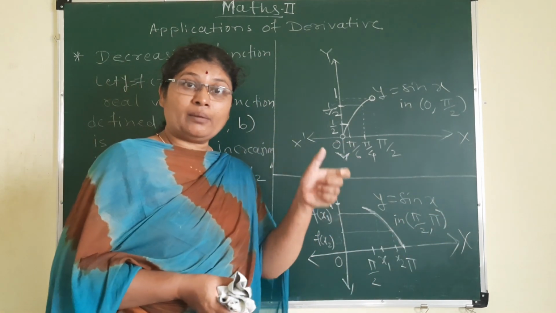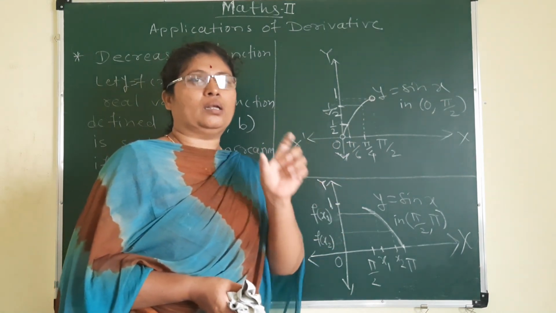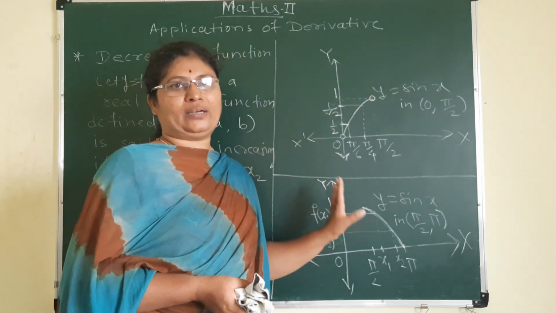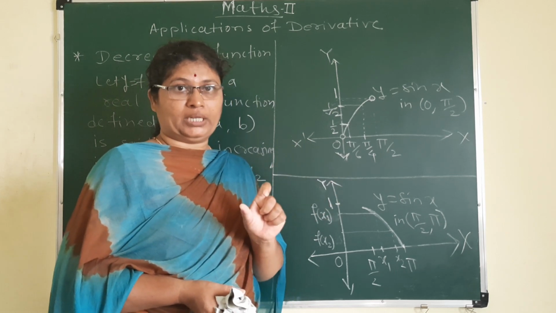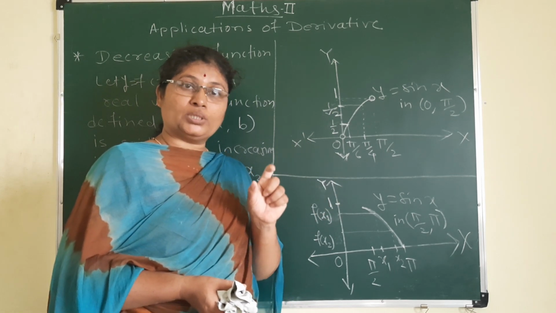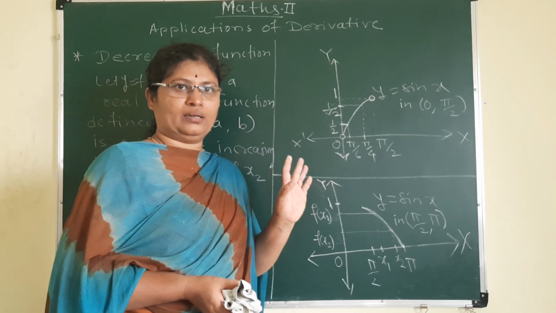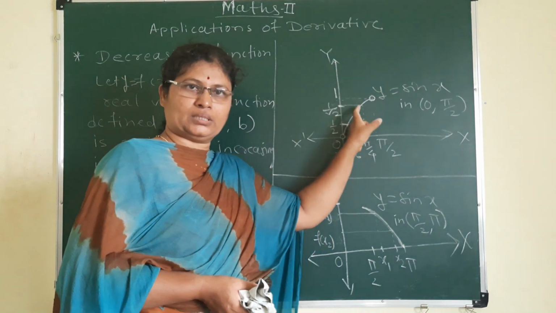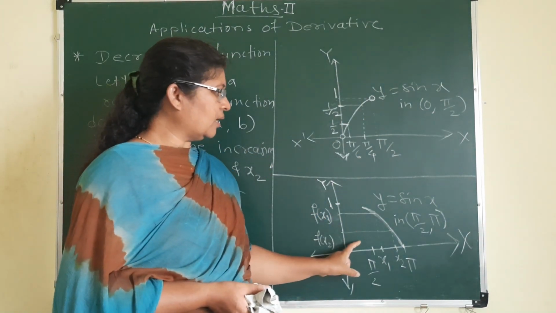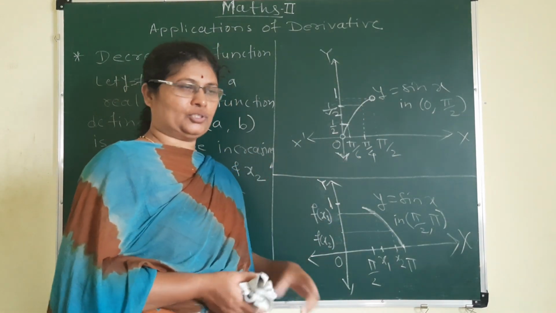So it is very important in which interval we are thinking about that function. The interval is the most important thing. Never neglect it. For this interval, the same function is an increasing function, and for this interval, the same function is a decreasing function.